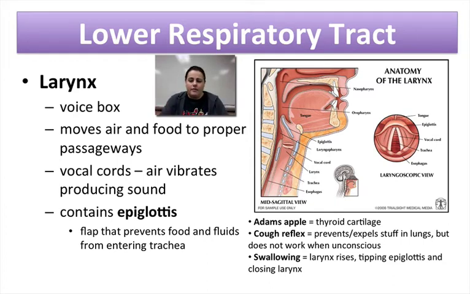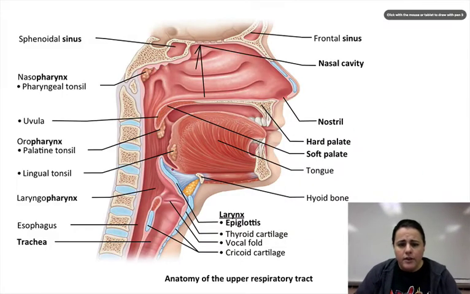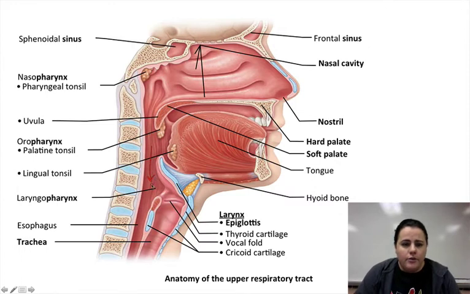So if I go back one page, if you look at this, when you're coming down your throat right here, the road diverges. You could either go down this path or this path. This posterior, or back, path is your esophagus.